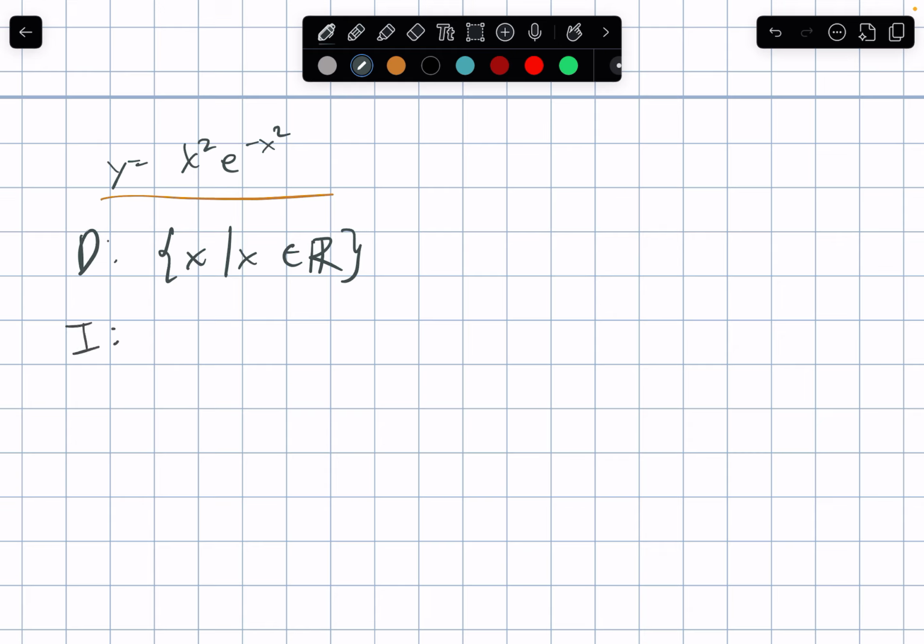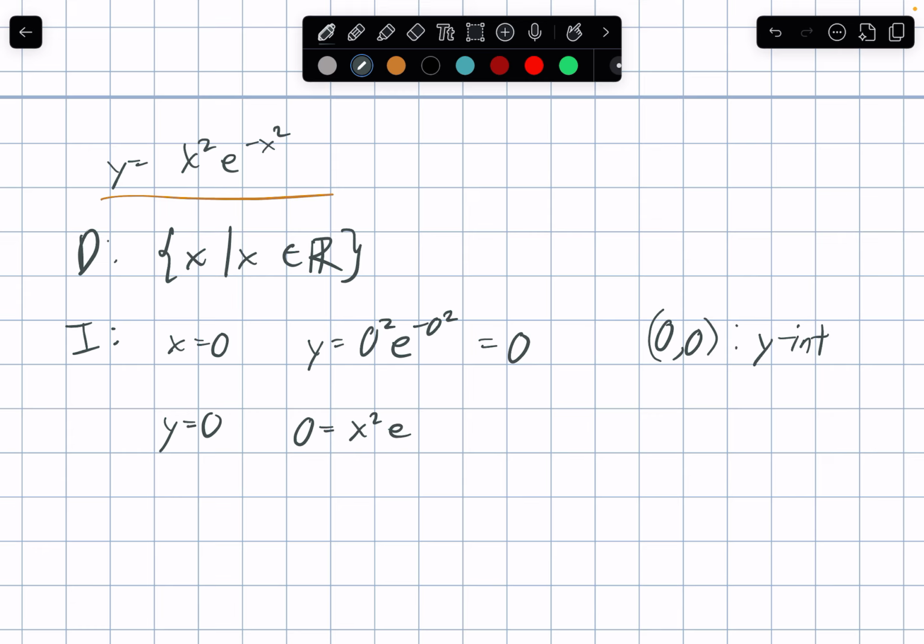How about intercepts? So let's say x is equal to 0. Let's solve for y. y is equal to 0 squared e raised to negative 0 raised to 2. Essentially, it's 0. So this is the y-intercept. What if y is 0? How do we rewrite this?